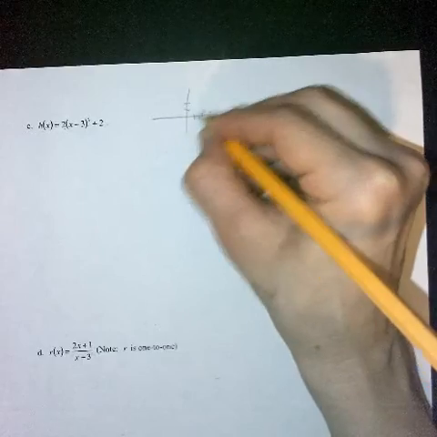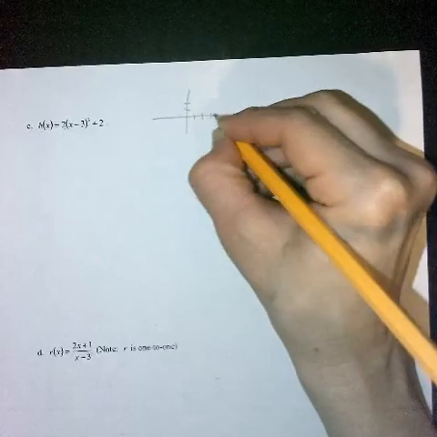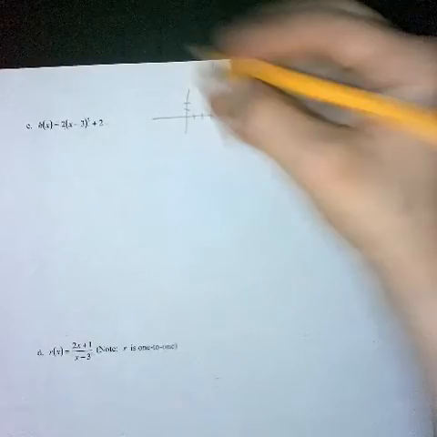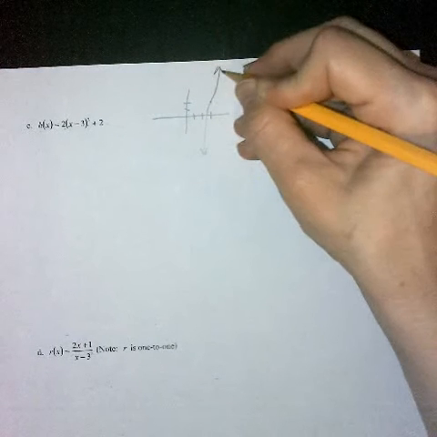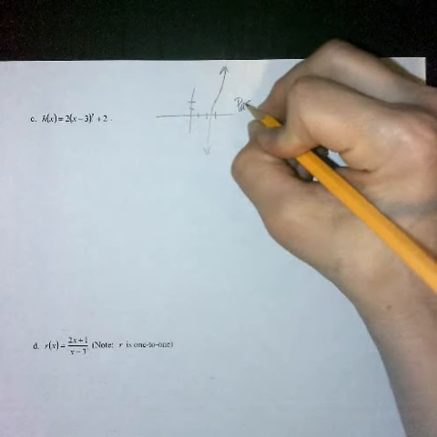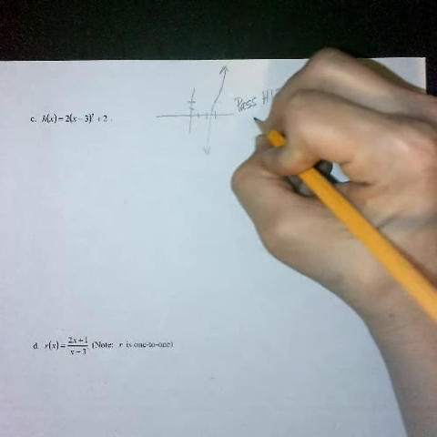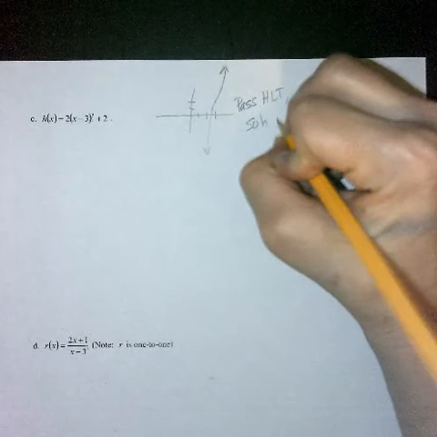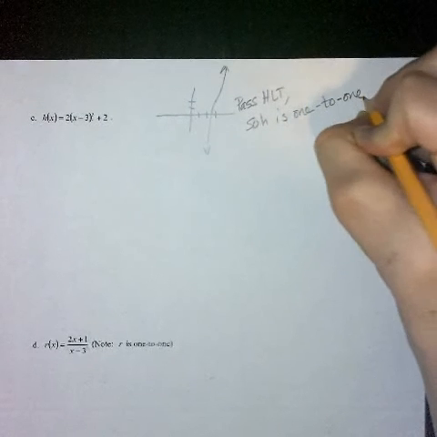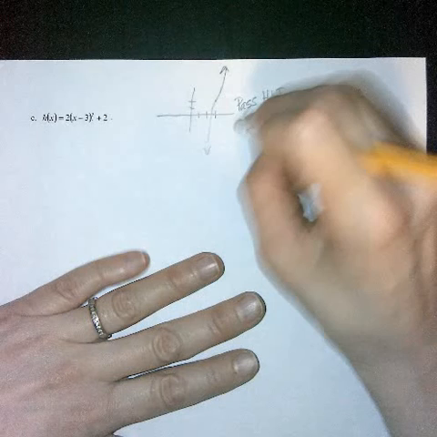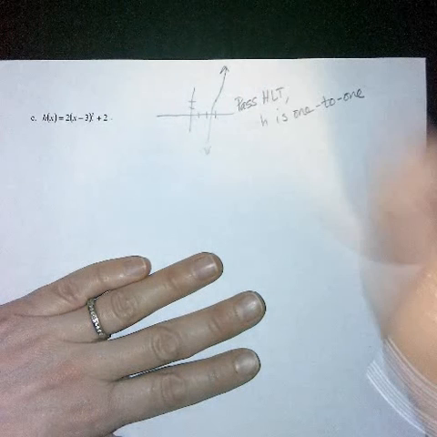It moves over 3 and up 2, and the 2 stretches it. But it's clear to see, even with a rough sketch, that this would pass the horizontal line test. So h is 1 to 1. Therefore, h is 1 to 1.